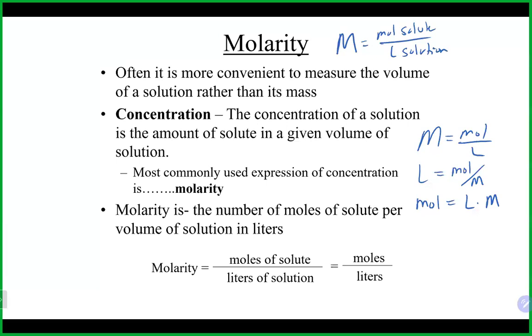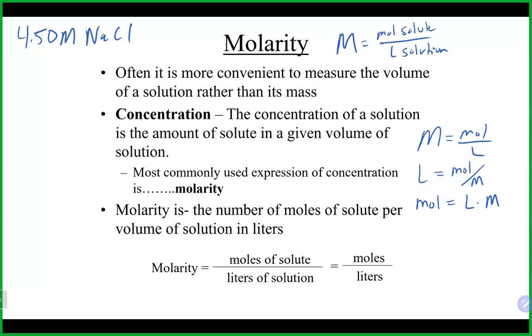Now, when somebody tells you it is a 4.5 molar solution of sodium chloride, like they say 4.5 big M sodium chloride, that's how you would say it, 4.5 molar sodium chloride.